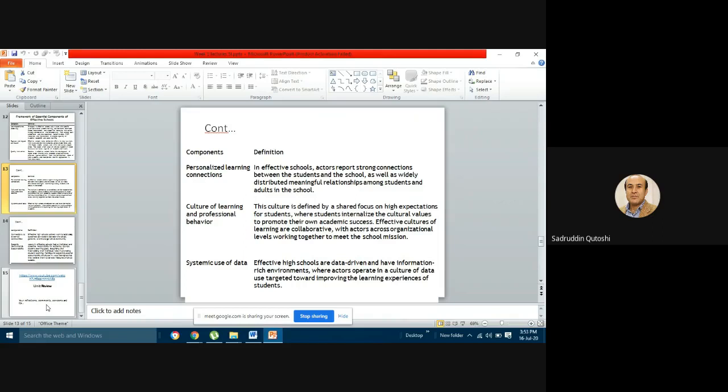So this means that if your school is focusing on every individual's learning needs, and the school, the school teachers and the whole system are very conscious about personalized learning connections, how to establish relationships between the teacher and student, among the students and other stakeholders like parents and community members and other teachers in the school, so as to develop an environment that is conducive, that is socially effective, in order to enhance individual learning connections, individually focusing on individual needs of the students.